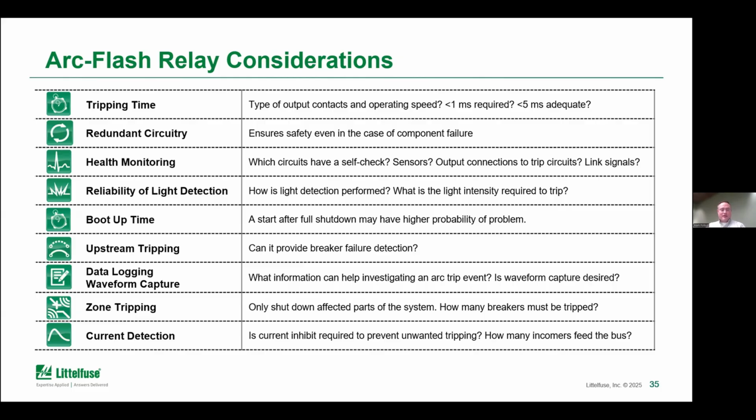Tripping that breaker is not going to stop an arc that's at the line side terminals of that breaker. So do you need that ability to trigger additional breakers or trip upstream in the case of the first breaker not responding after it's given the trip signal?